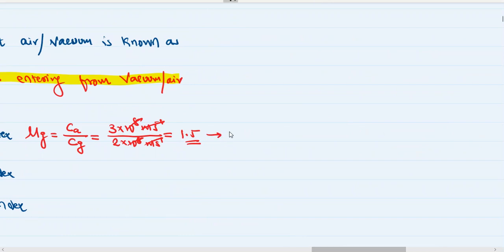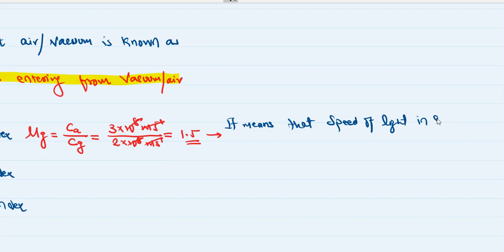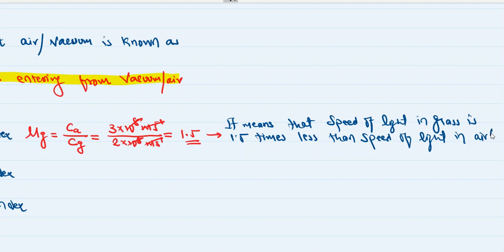It means that speed of light in glass is 1.5 times less than speed of light in air or vacuum.